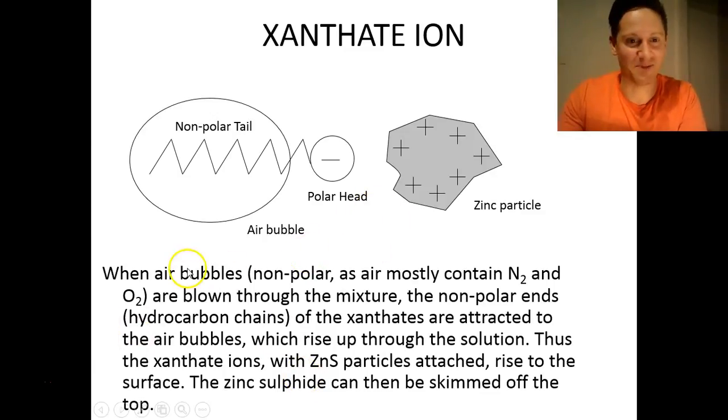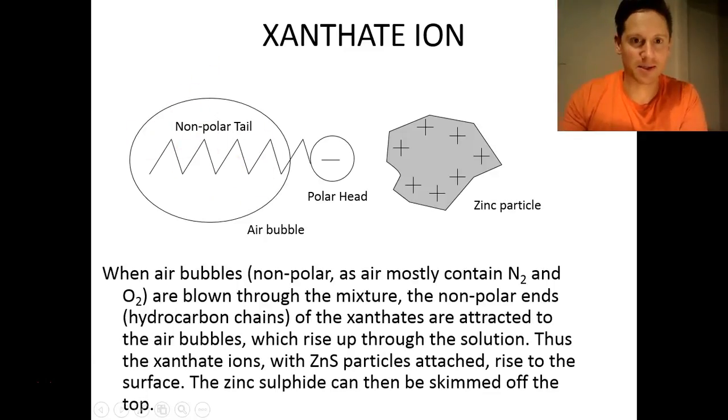So you've got your air bubbles of either nitrogen or oxygen, and that's blown through the whole mixture. So the bubbles are rising to the top. Now those gases that the bubbles are made with, so nitrogen gas or oxygen gas, they're non-polar too. So the non-polar tail of the xanthate ion is attracted to that bubble, and that makes it rise to the top.